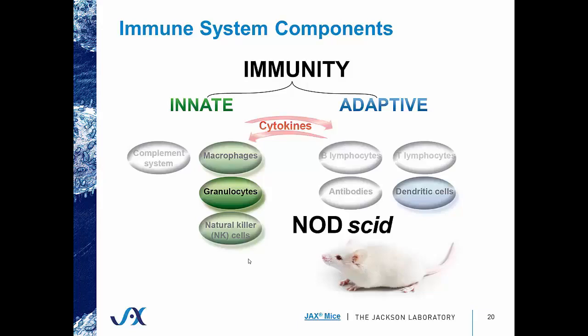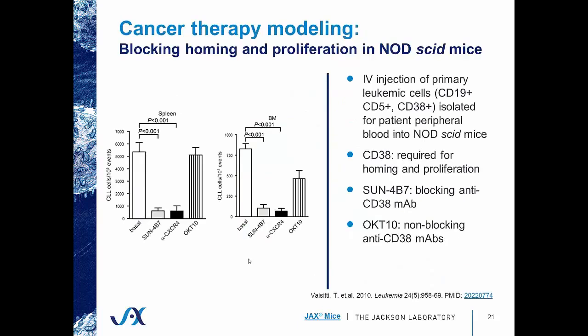And finally, the SCID mutation results in a lack of B cells and T cells. So what you're left with is a severely immunocompromised mouse. So for these particular experiments, the investigators injected intravenously primary leukemic cells that are CD19 and CD38 positive that were isolated directly from patient peripheral blood.